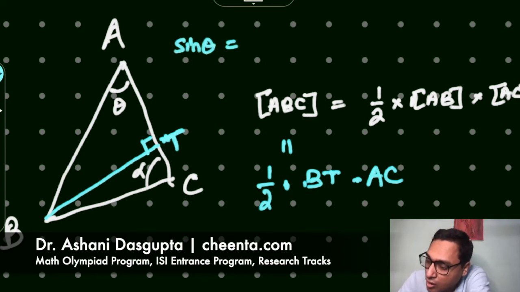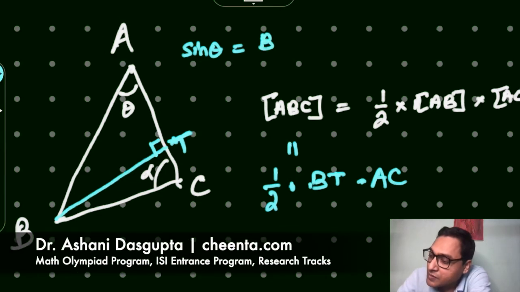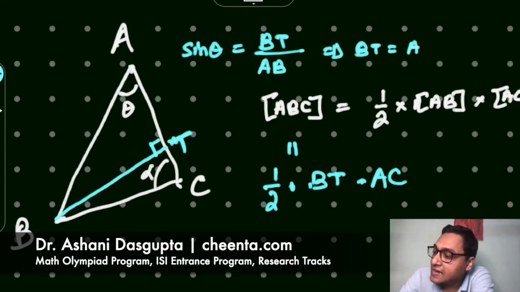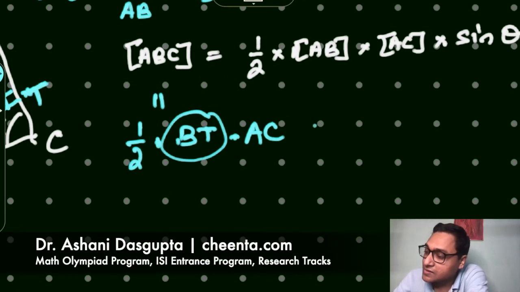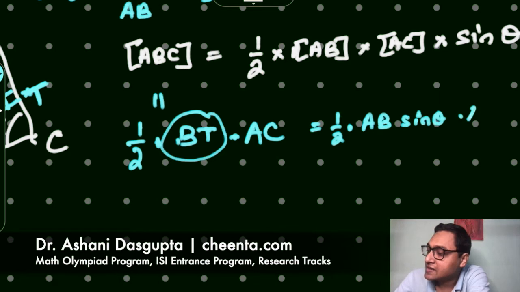Sine of theta is opposite, which is BT, divided by hypotenuse, which is AB. So BT becomes AB sine theta. Now you can replace this BT and you get half times AB sine theta times AC, which is precisely this formula.